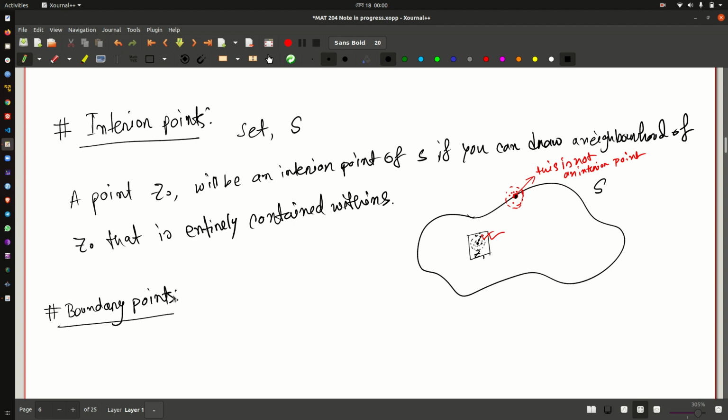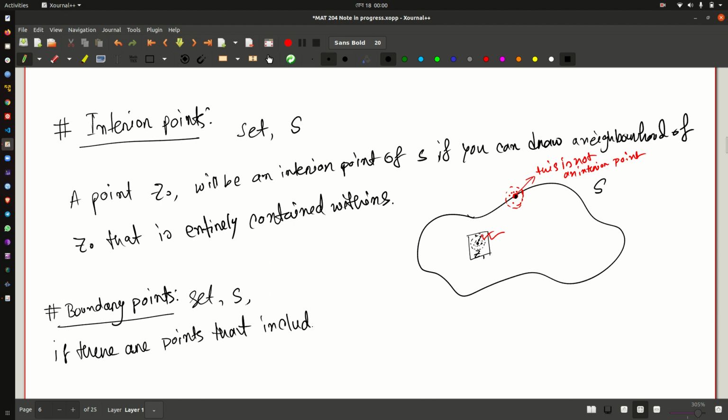For any set S, if there are points that include, what I mean is that the point's neighborhood includes at least one point in S and at least one point that is not contained within S.